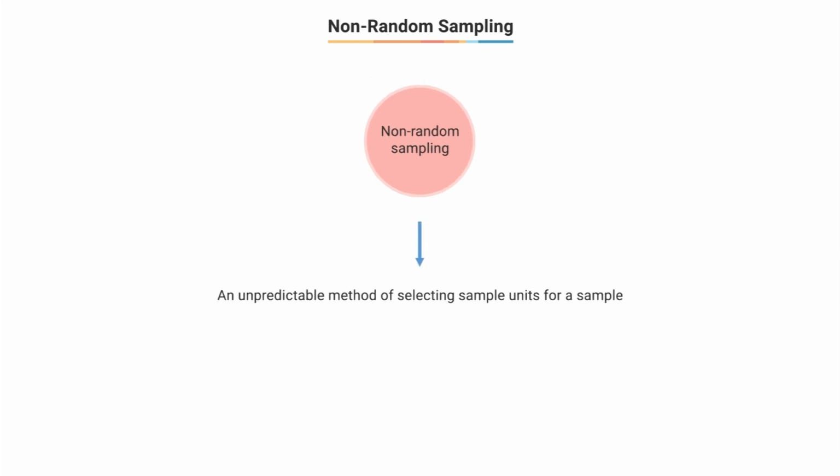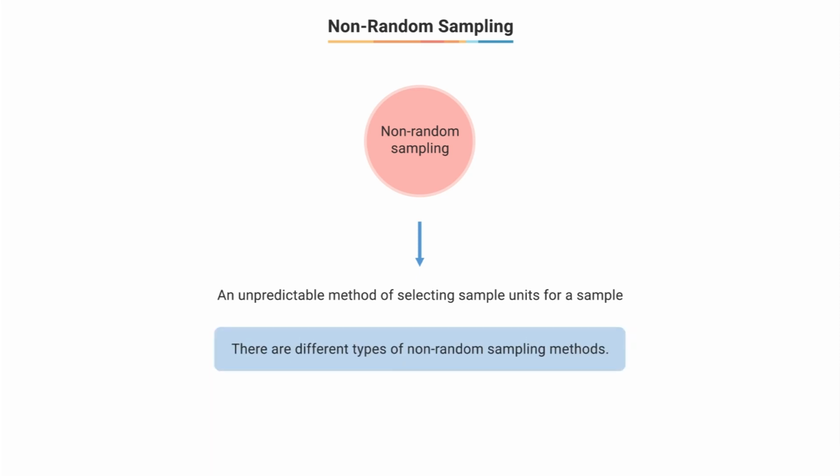There is another category when it comes to sampling methods, and that is known as non-random sampling. Non-random sampling techniques are those where the odds of any sample unit being selected for a sample cannot really be calculated. We discuss different non-random sampling methods. The first type of non-random sampling we look at is convenience sampling.